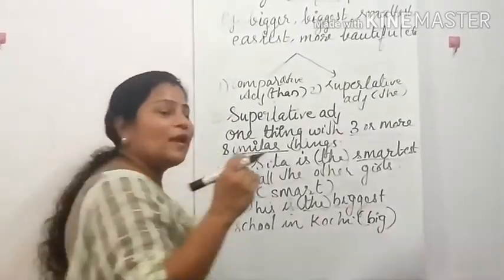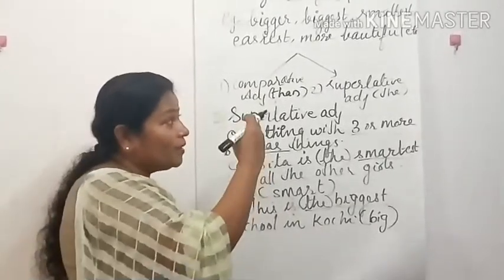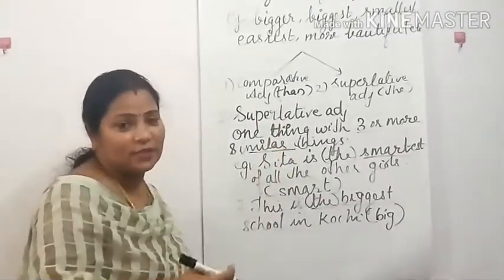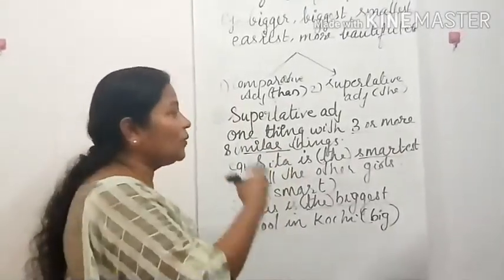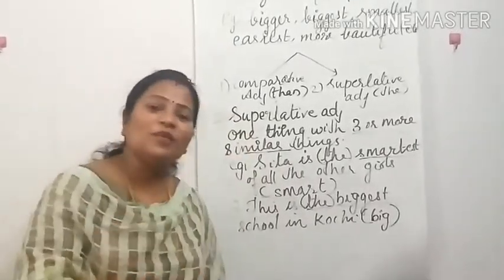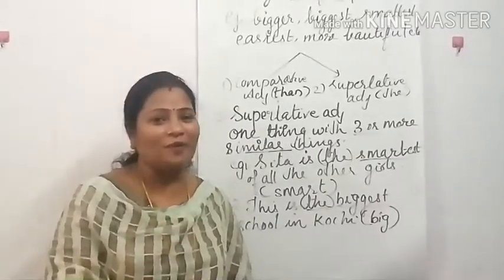We will be learning next how to form these spellings with the adjective, how you are going to write all these types of spellings with an adjective. So for that you have to learn some rules. So now let's move to our rules.